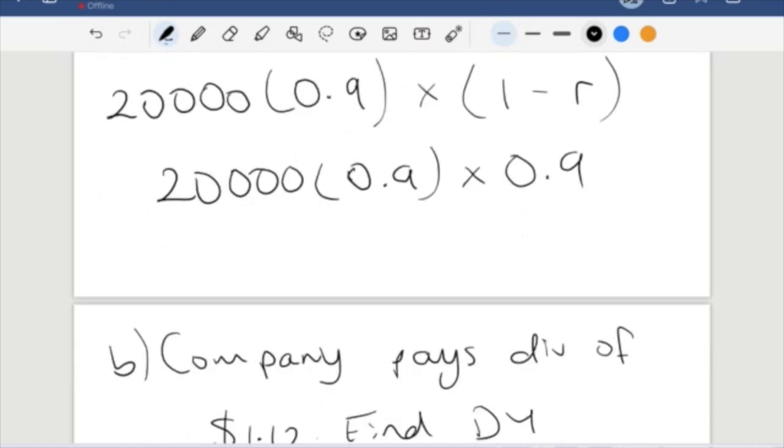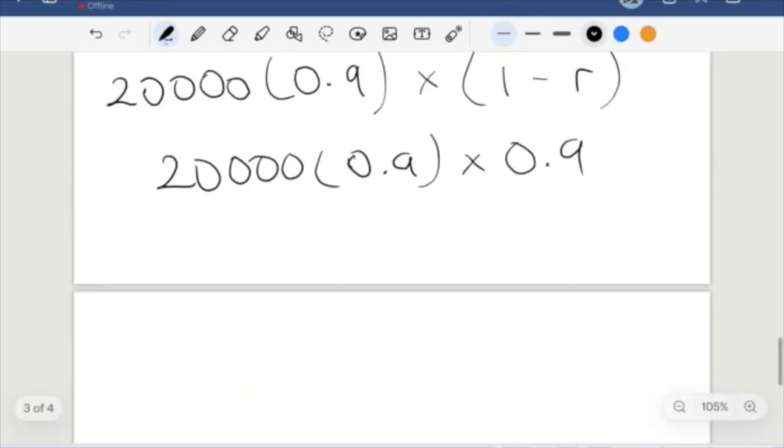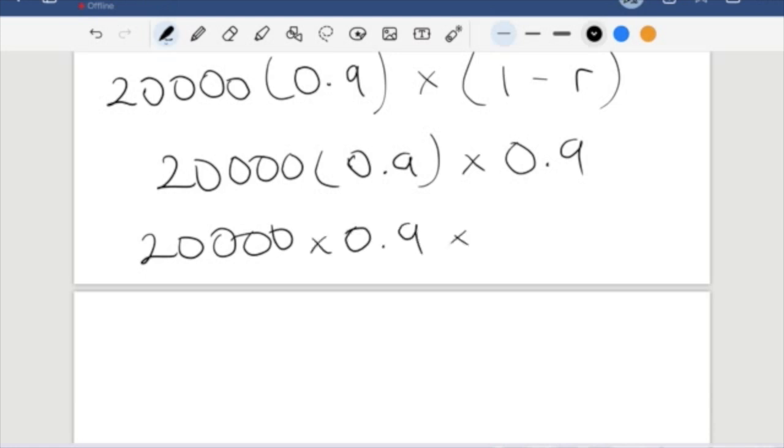Now look at what we've actually done here. Sorry, let me clear this from the previous video. We've done 20,000 times 0.9 times 0.9 again.